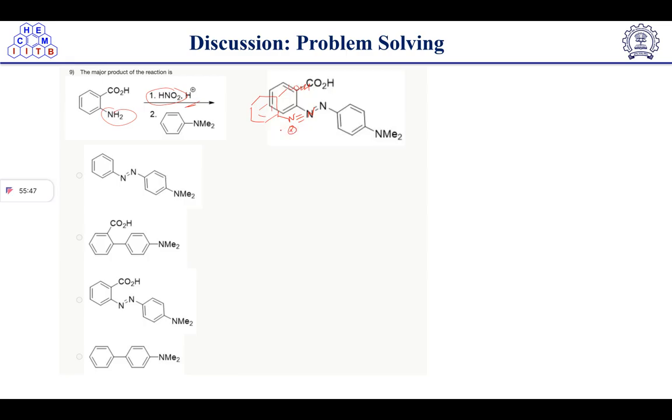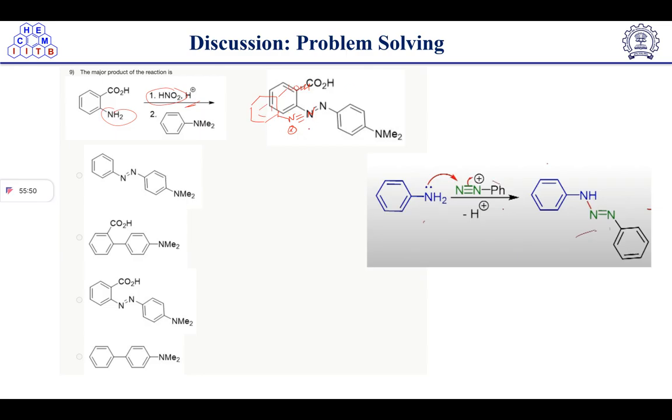Till here, we have to solve this. Okay, diazo is formed, after that it is done. Okay, we can write this in this form also. Correct?